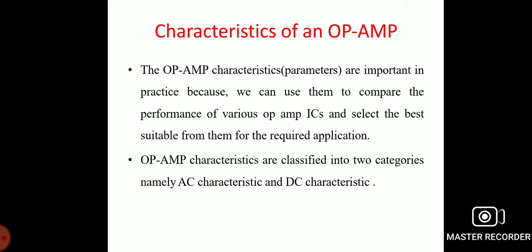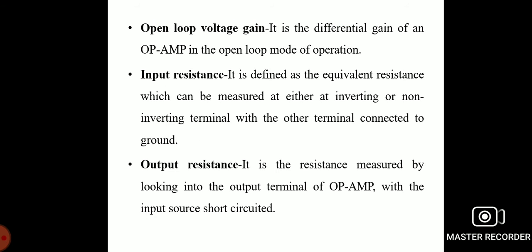Now the open loop voltage gain is the differential gain of an operational amplifier in the open loop mode of operation. The input resistance is defined as the equivalent resistance which can be measured at either the inverting or non-inverting terminal with the other terminal connected to the ground.